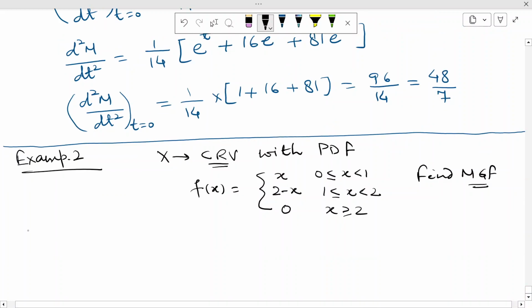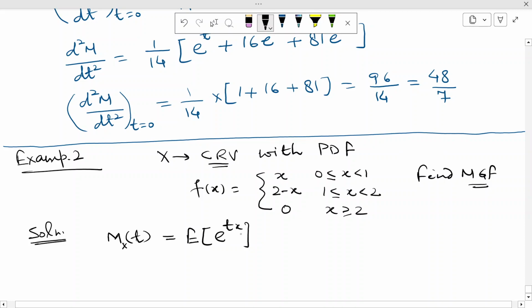So again, let us begin with the solution. So we know that in order to obtain the moment generating function, or M(t), or you can say M_X(t), we have to find the expectation of e to the power tx.